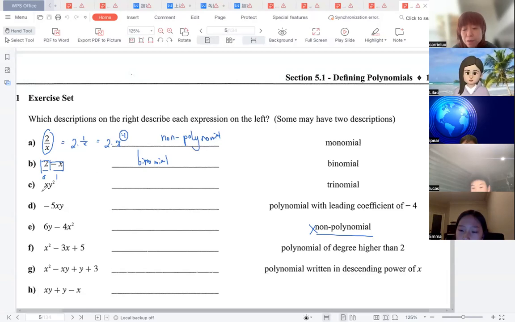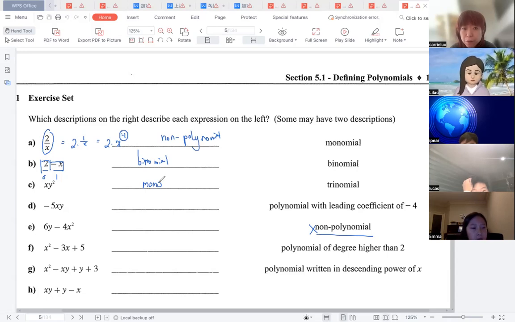You understand. Okay, so number C, xy squared. Lucas, can you tell me if it is a monomial, binomial, or trinomial? Which one? Monomial. Very good, it's a mono. Could you please tell me what the degree of this one is? 2?